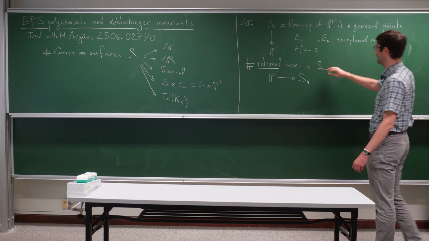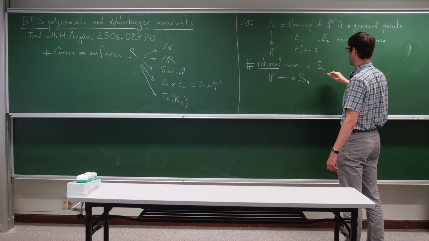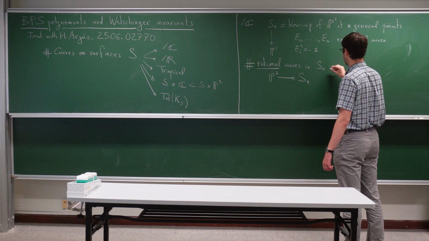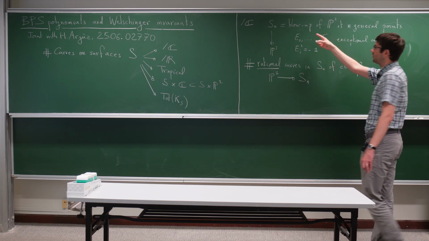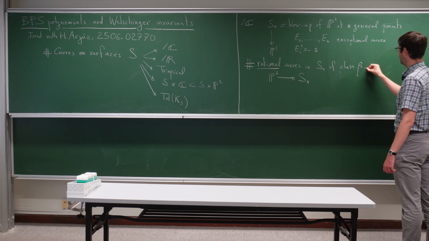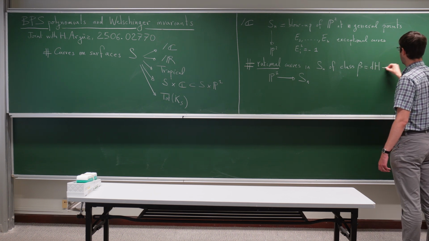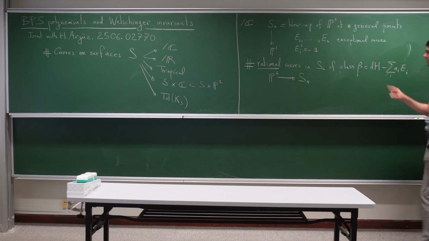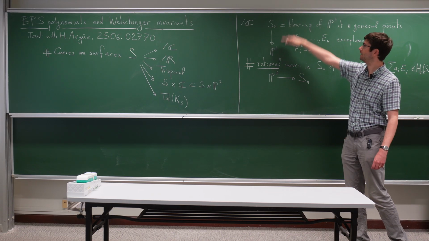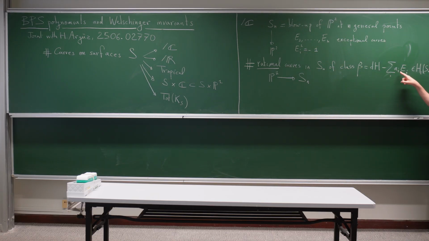So you want to fix the homology class beta in the homology of this surface, and I can write this class in the form dH minus sum over ai Ei, where H is the pullback of the class of a line in P2. So this thing comes from a degree d curve in P2, and it intersects each of the Ei with multiplicity ai.